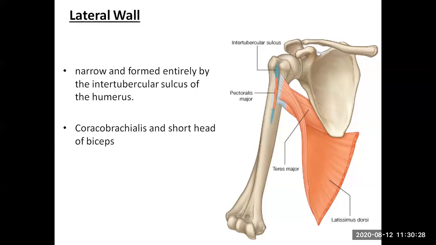Above the margin of the glenoid cavity there is a tubercle-like structure, which is called the supraglenoid tubercle.